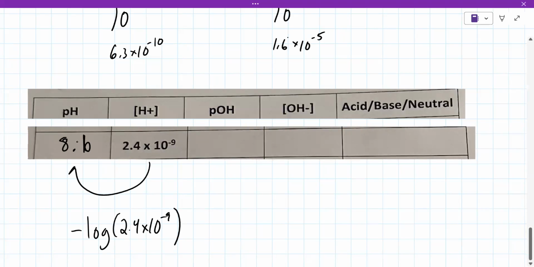It's good. Now, what do you find next? Do you find pOH or OH minus?